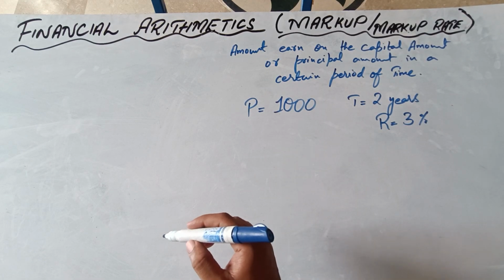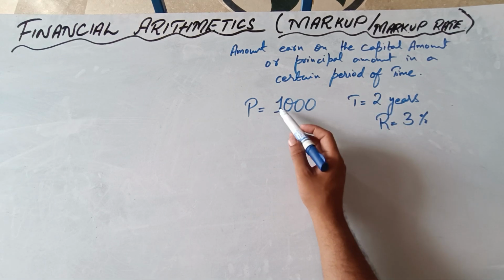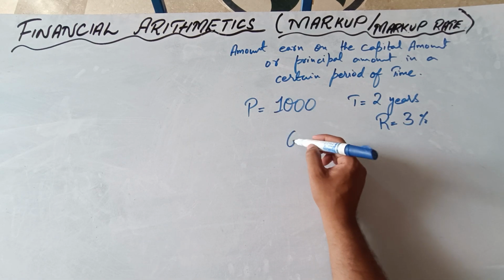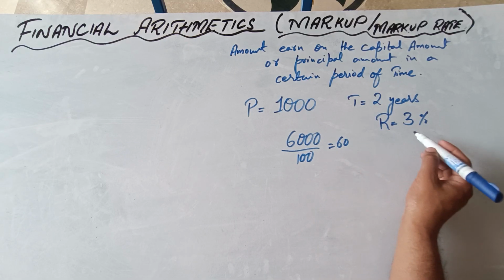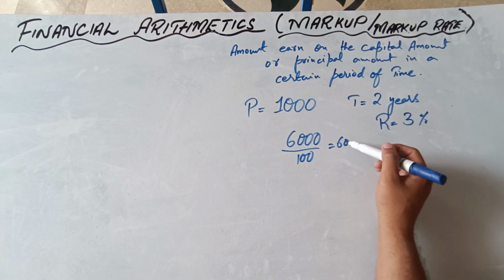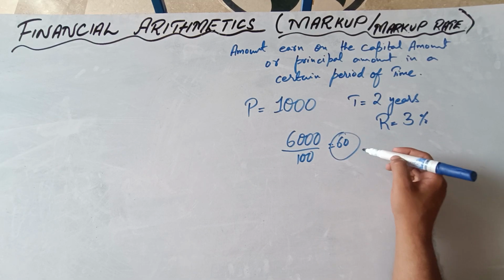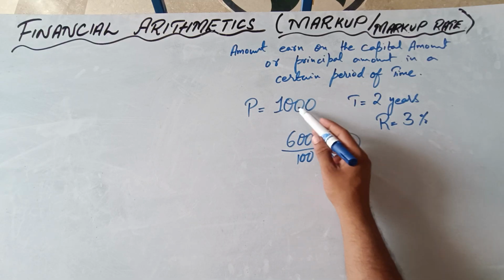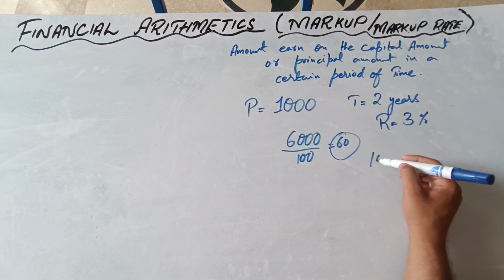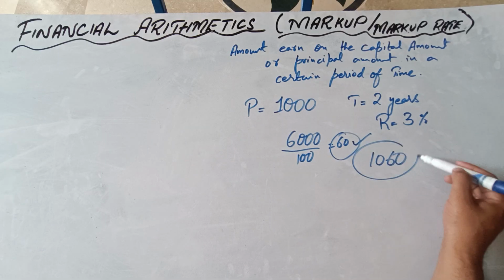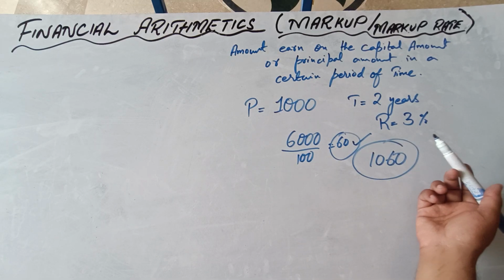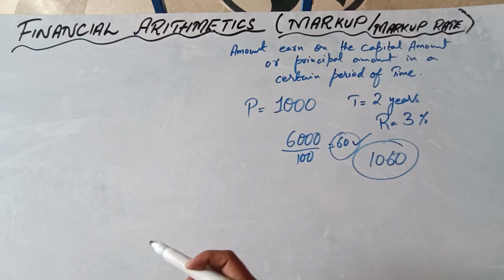So 3 2s are 6. So after 1 year I am getting 60 rupees on it. After 2 years I am getting 60 rupees extra, means more on 1000. So this is called markup. This 60 rupees is markup, and this is called total amount which I will get after 2 years. So this is all about markup.